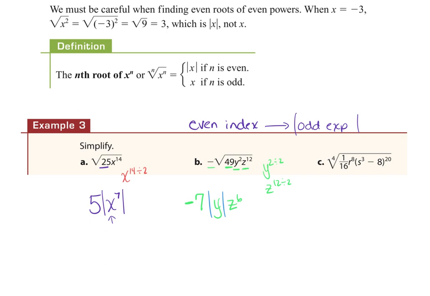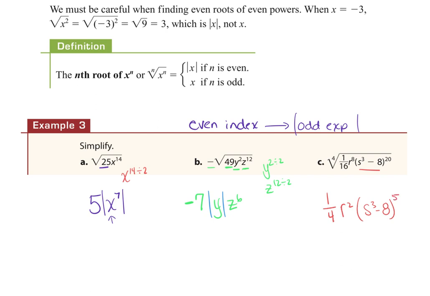Again, this is an even root, a 4th root. The 4th root of 1/16 is just 1/4. The 4th root of r to the 8 divided by 4 is r squared. And this is a group. So I leave this alone, s cubed minus 8. The 4th root of this is 20 divided by 4. This is going to be 5.